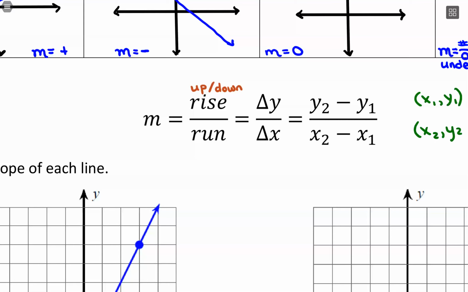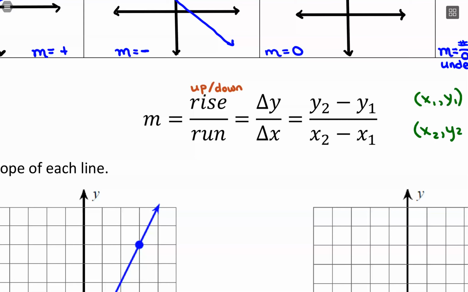In terms of thinking about up versus down, when we're thinking of rise, up is going to be associated with a positive movement. So that would make for a positive change in y. If we need to move down, that's going to link to a negative value. So that would be a negative change in y.